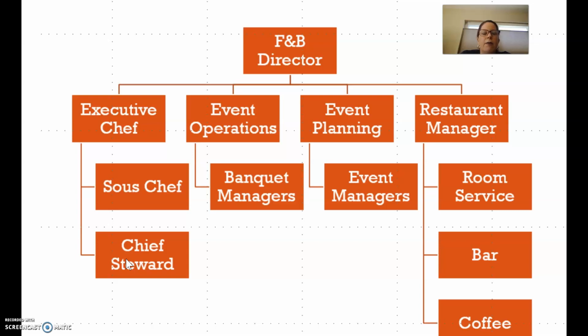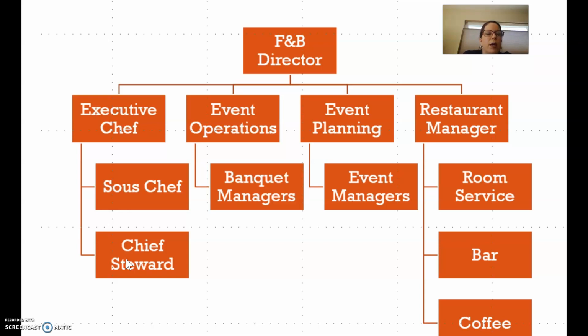In the middle, you have the event operations and event planning arms that are dealing with the planning and execution of food and beverage settings inside meeting space or hotel ballrooms. And then you have the food and beverage outlets at the very end.